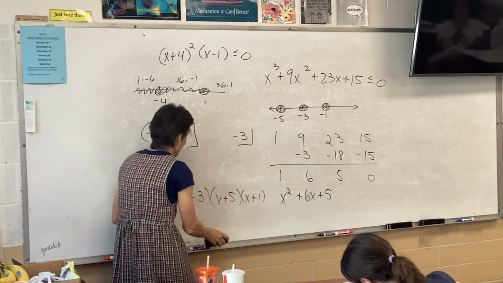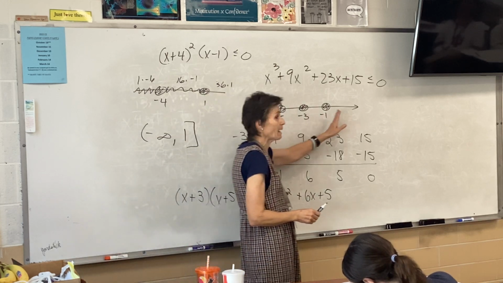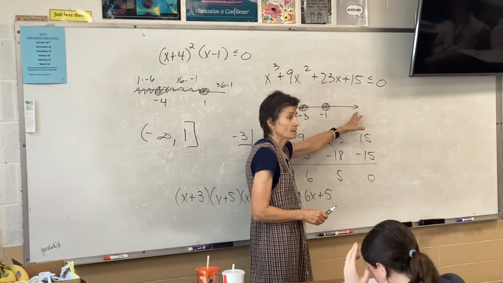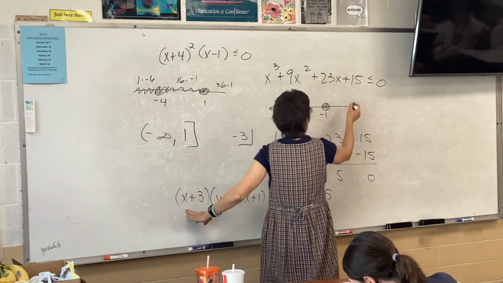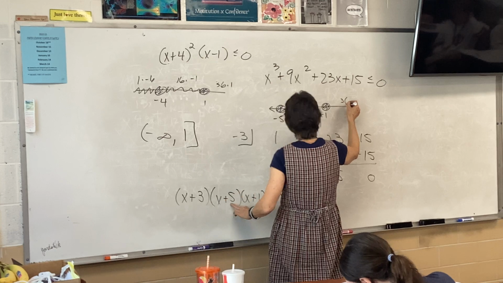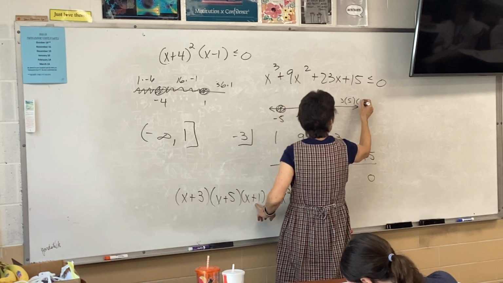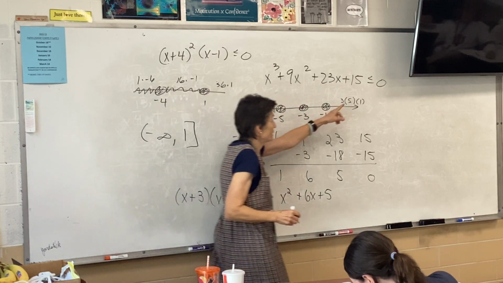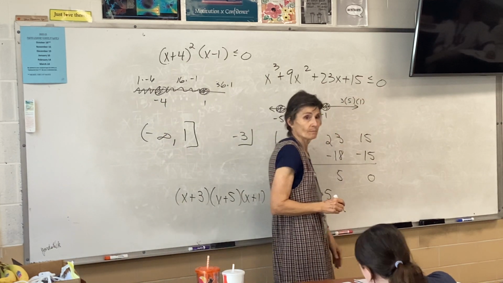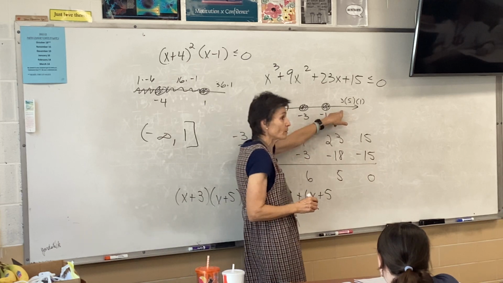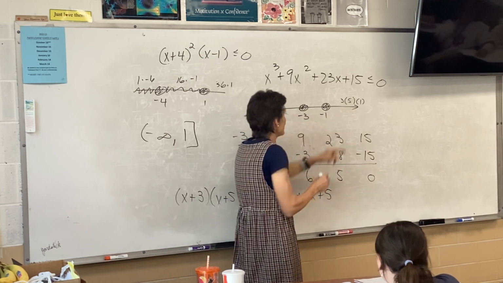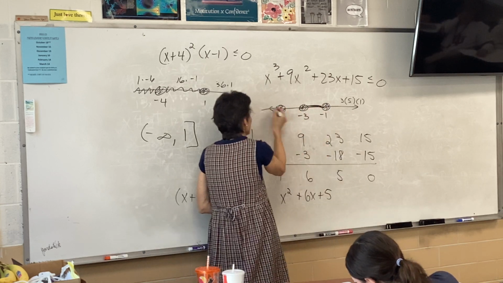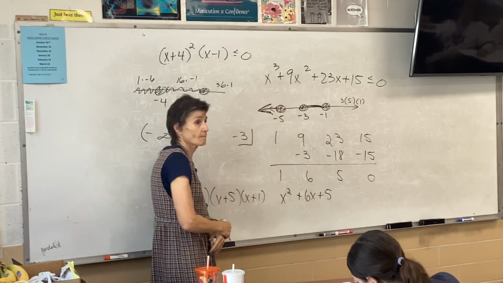So now I'm going to pick one number, any number you want. How about we use 0? If I put in 0, I get 3 times 5 times 1. Is 3 times 5 times 1 less than 0? No. So I'm not going to shade there, which means I am going to shade here. But how did you know that?